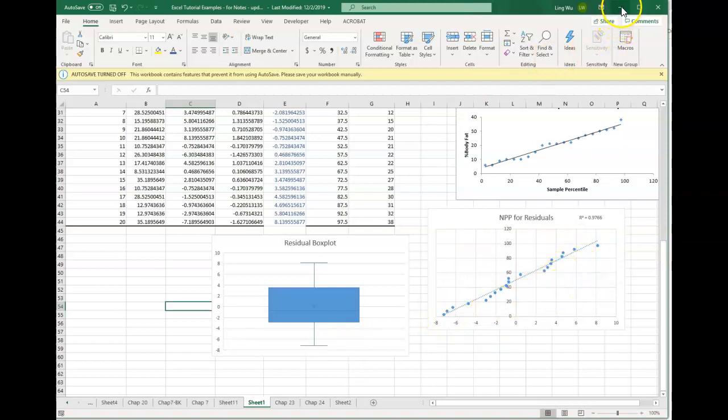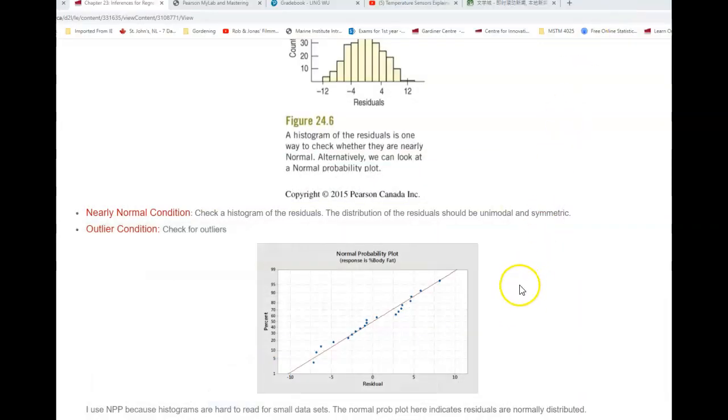Let's go back to the notes. We use the box plot to check there are no outliers, and we check the near normal condition using the normal probability plot. That shows a quite similar figure in the Excel outputs.